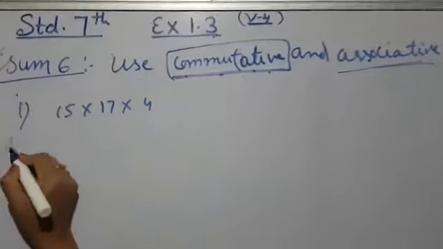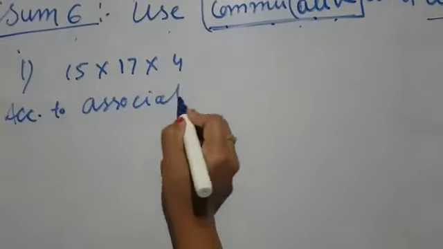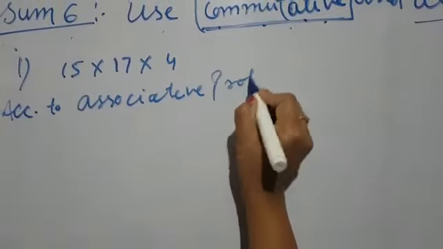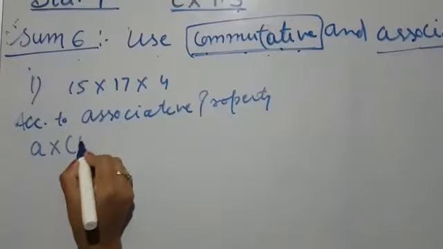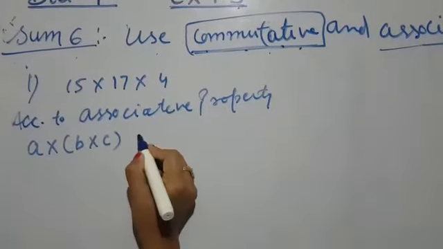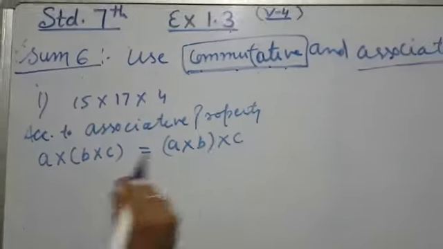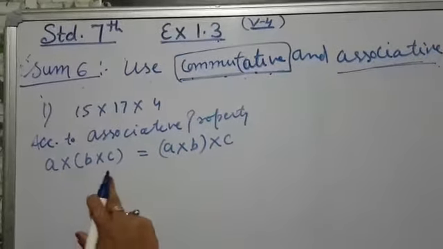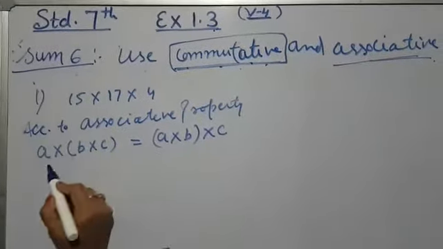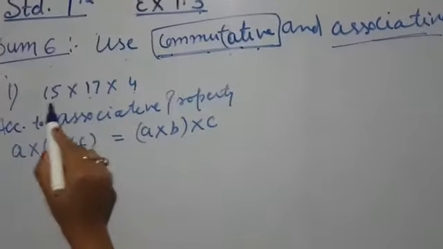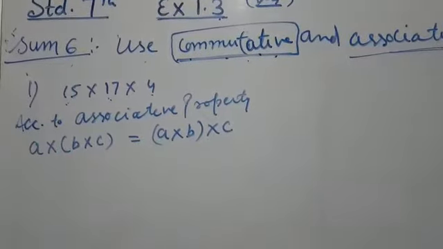So we will use associative property. According to associative property, what is that? A multiply B multiply C should be equal to A multiply B multiply C, either the last two integers are kept in a bracket in grouping or the first two integers are placed in grouping. So according to this, A is 15, B is 17 and C is 4.